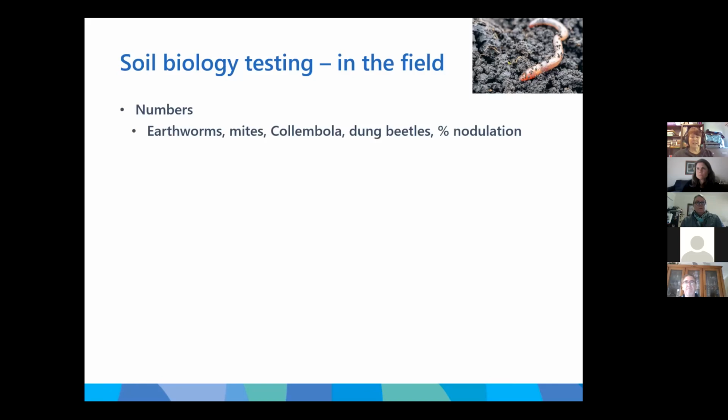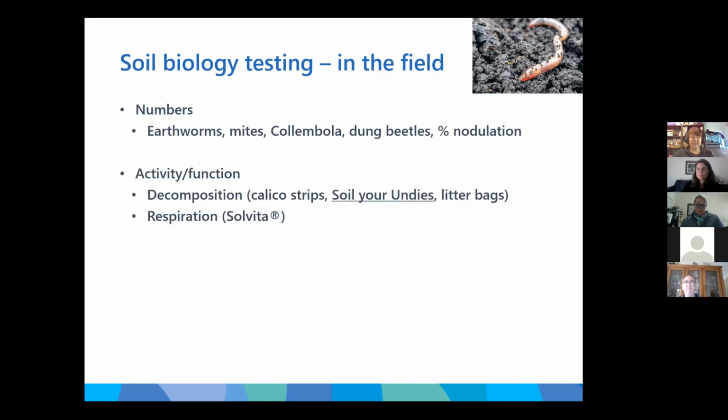You can sample and count organisms in the field that you can see. So you can count earthworms, mites, collembola, dung beetles, or percent nodulation in your legumes. And that can be a very engaging process with a group of farmers.